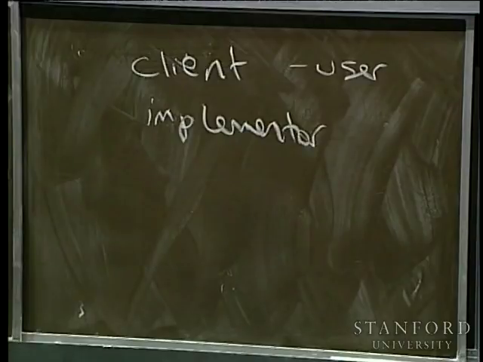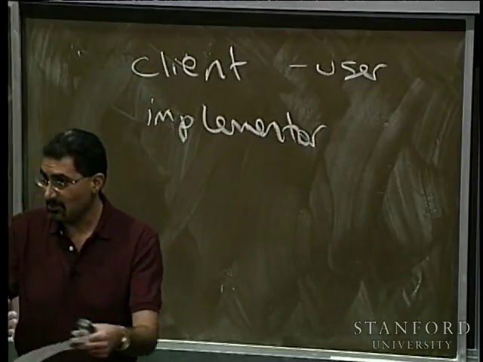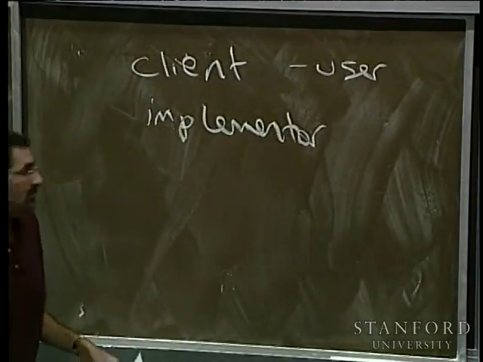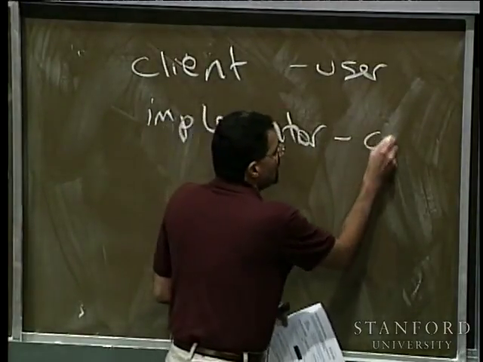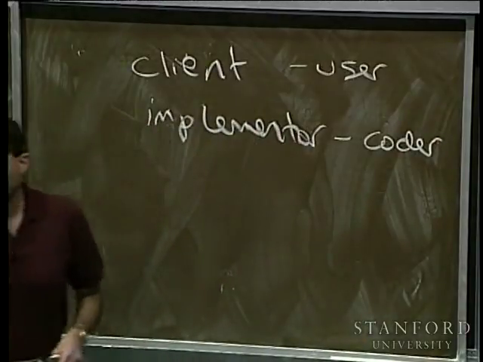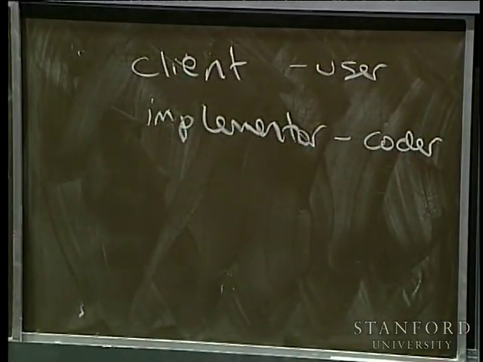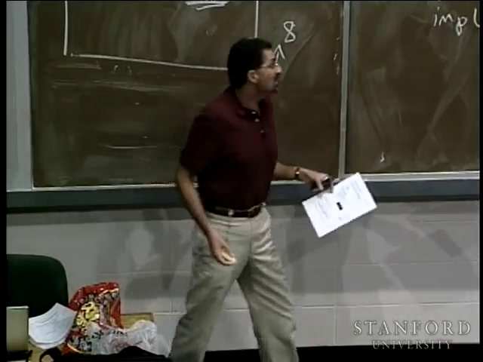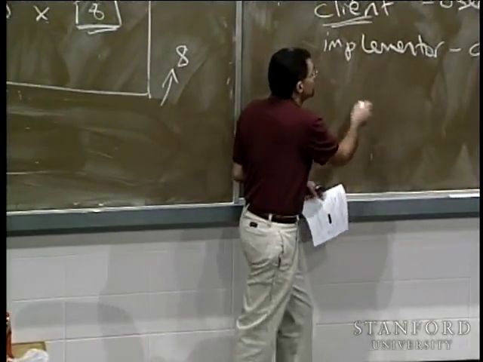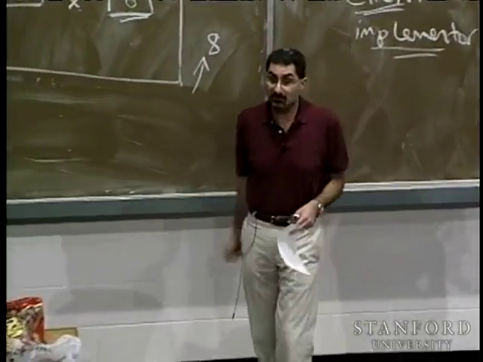So when you use the ACM libraries and you use readInt, you are a client of readInt. When you write your own class and you write all the code inside that class and say what that class is going to do, you are the implementer. That's the difference. Okay? It's an important distinction to know, because so far you've been doing a lot of the former and you're going to be moving to the latter pretty soon.